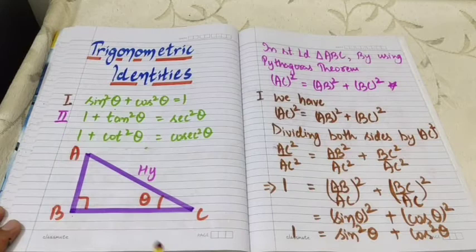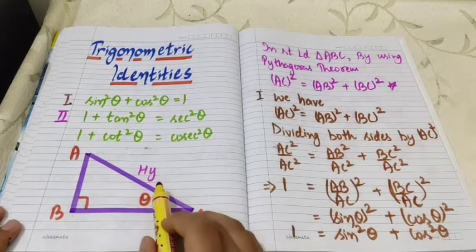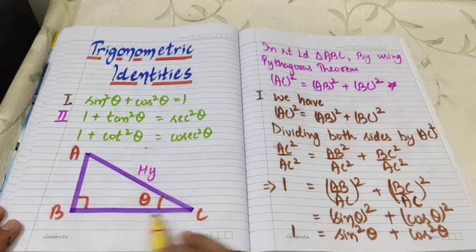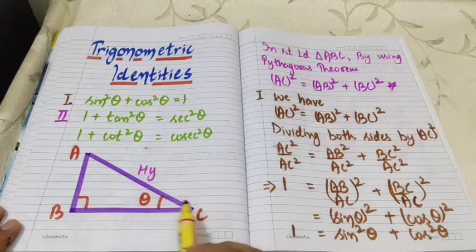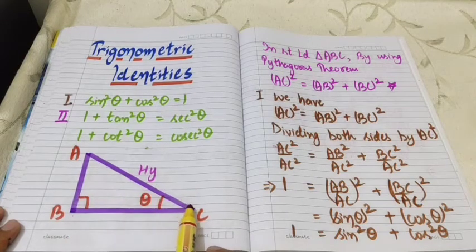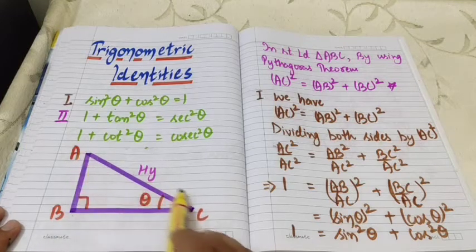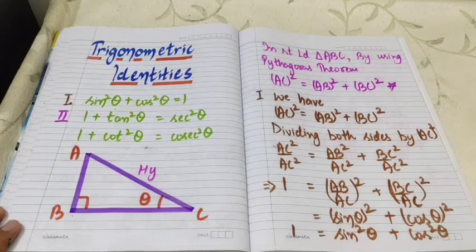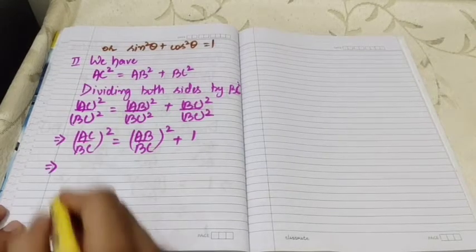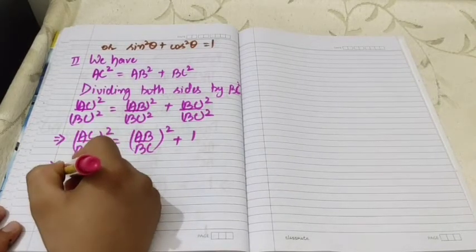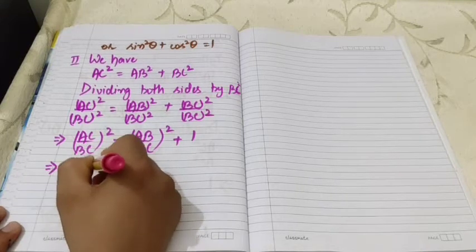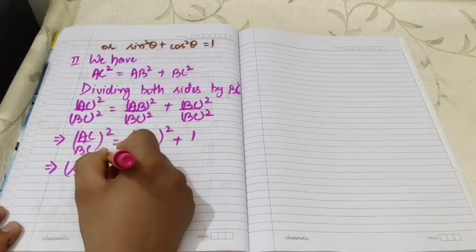With respect to angle theta, AC is hypotenuse and BC is base, and we know that the ratio of hypotenuse to adjacent side is secant of theta. So AC upon BC can be written as secant theta, whereas the whole square will remain as it is.